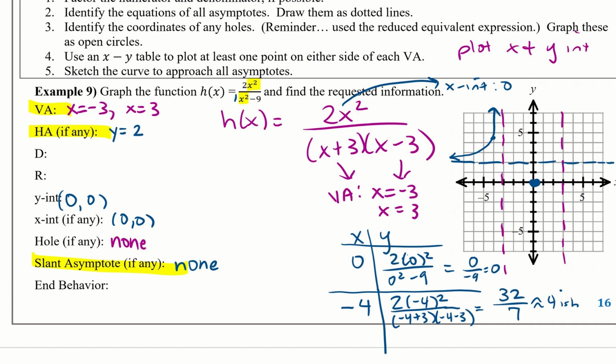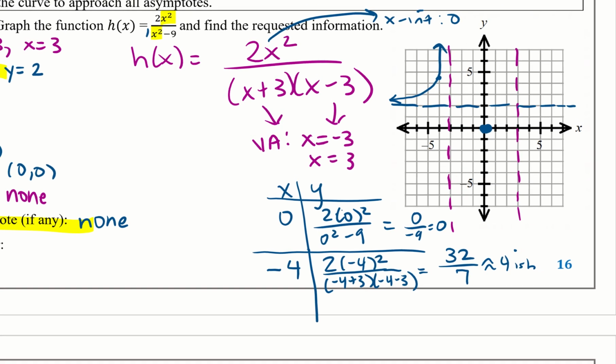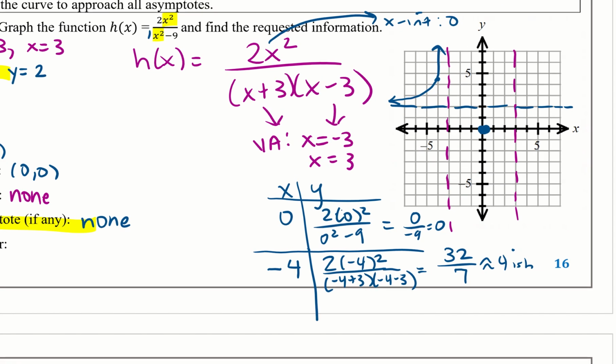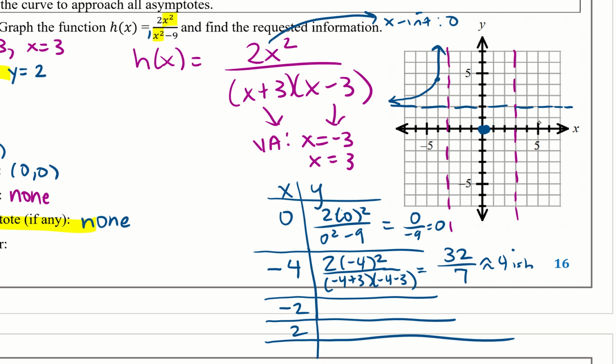Now, in the middle, I could cross that horizontal asymptote. It can happen in that interior region. So I'm going to go ahead and double check that. I'm going to just pick a number close to either side of these. I'll do -2 and +2. I just want to see what happens. If I plug in a -2, I'll do some computation really quickly here. I'd get 4 times 2, which is 8.